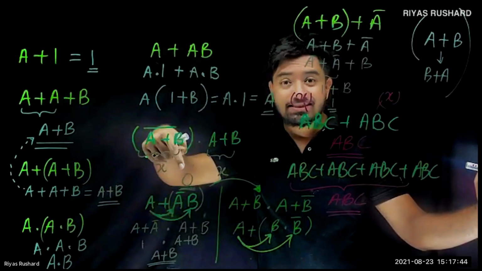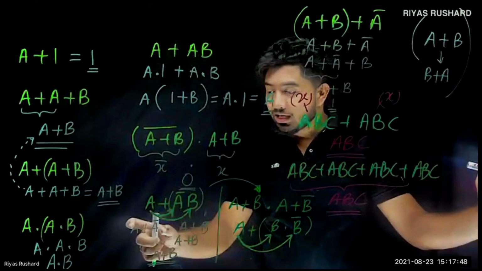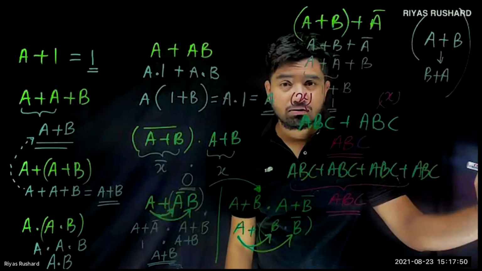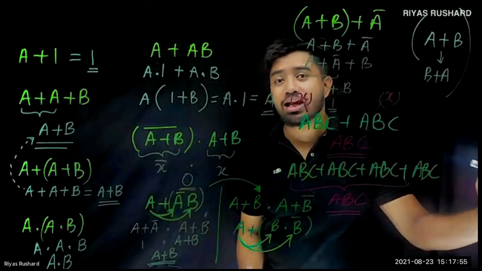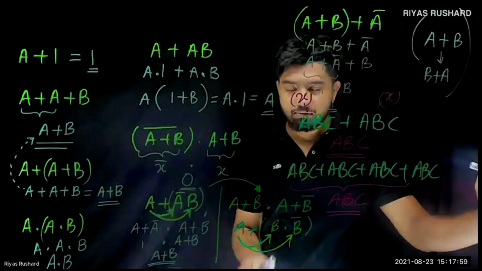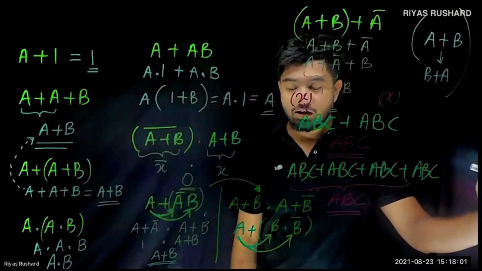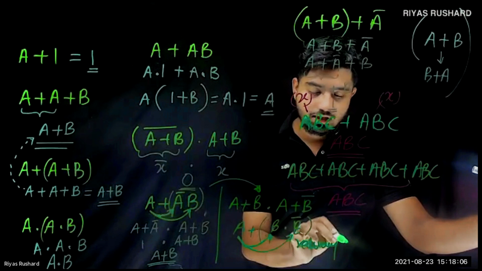So A plus A bar, A plus B. A plus A bar is 1. We have done this law. 1 dot anything is A plus B. We call this the going back case of the redundancy law.